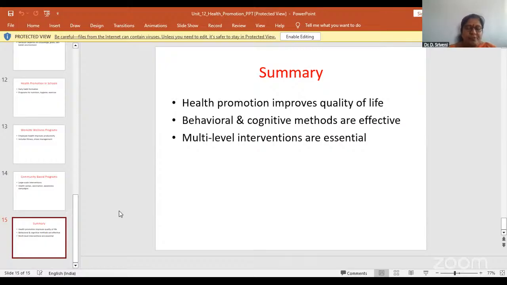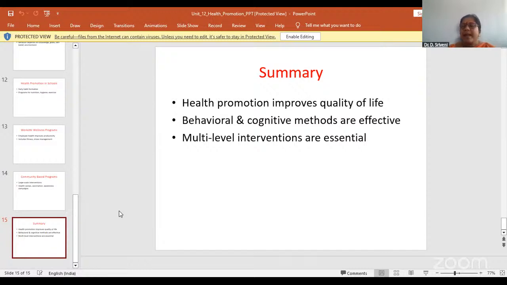Together, these approaches ensure that health promotion is inclusive, accessible, and effective in promoting the quality of life across different sections of the population.